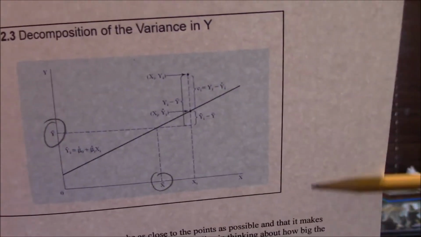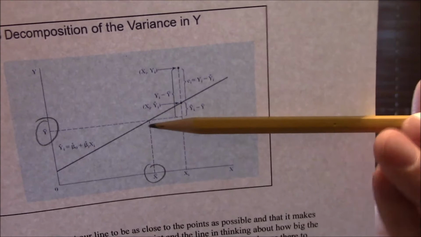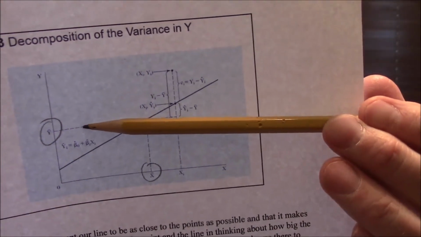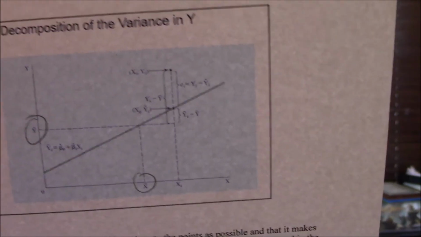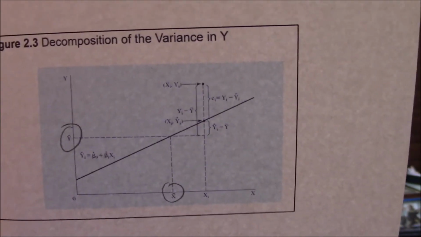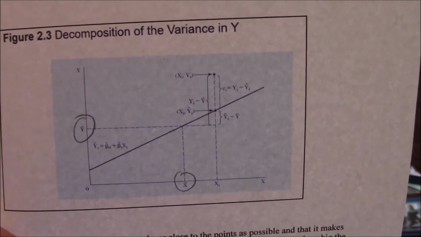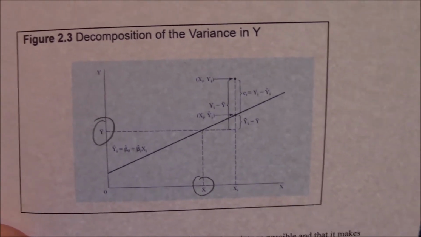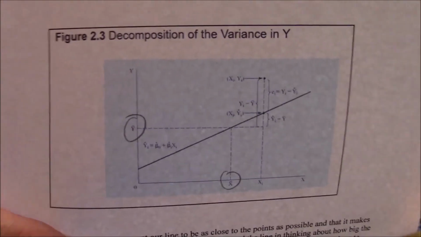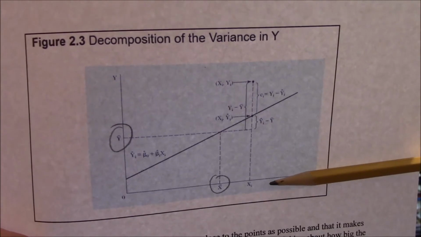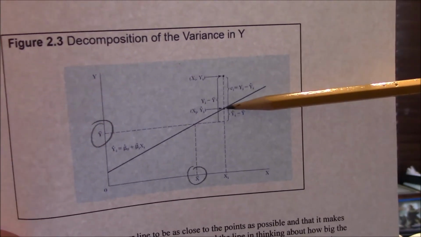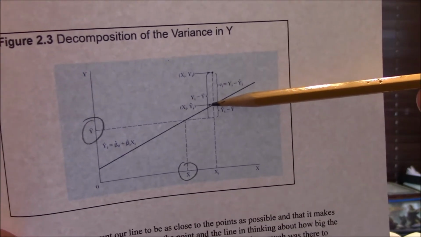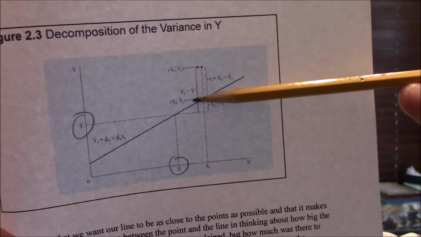The average y is right here. This y is way up here. Why wasn't it average? Well, the black line is supposed to be the line you estimated as your regression. And notice that the black line would have predicted that with this x, we would have ended up with this y, which is clearly higher than the average y.